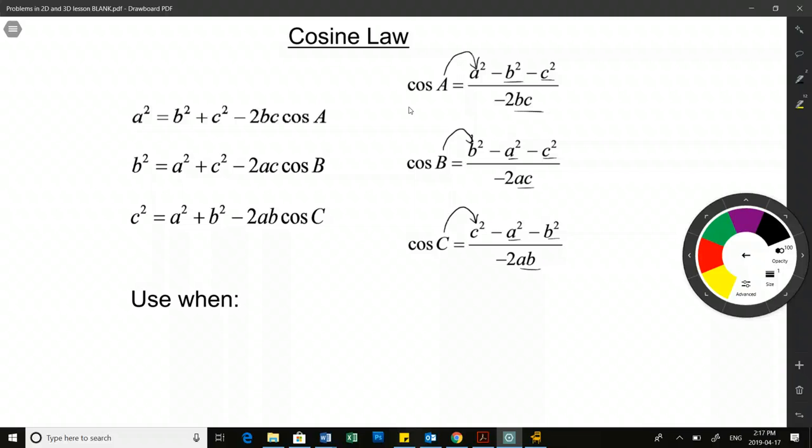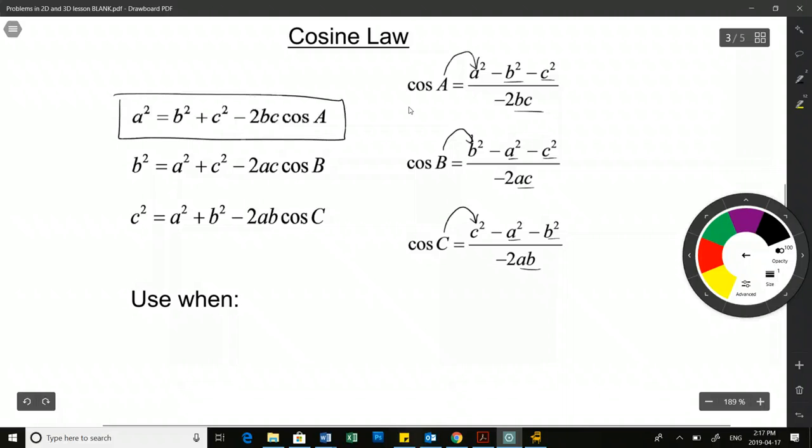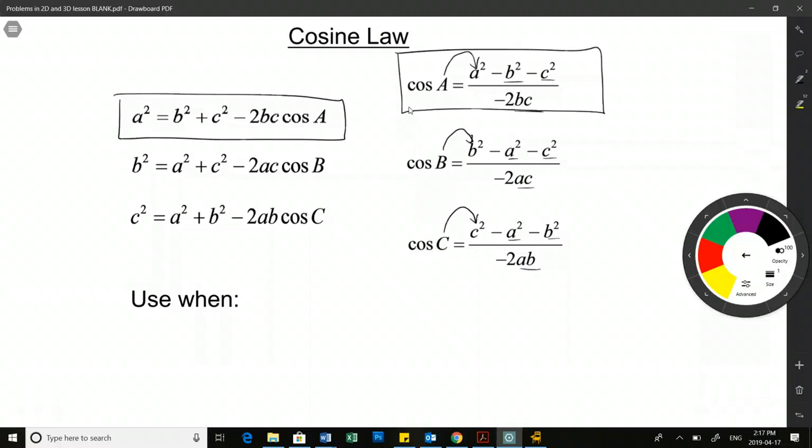But really, you only need these top two formulas here, because I can always just relabel my sides to work with my formula. Whatever I'm looking for, I'll call that angle A, and then I'll call the other two things B and C. Or if I'm looking for a side, I'll call that side little a and label the other two b and c.